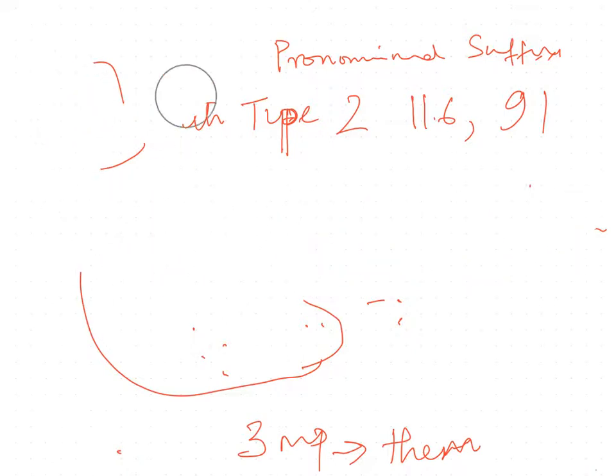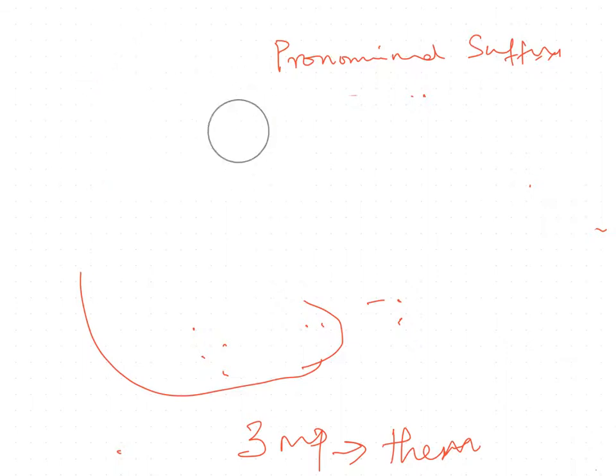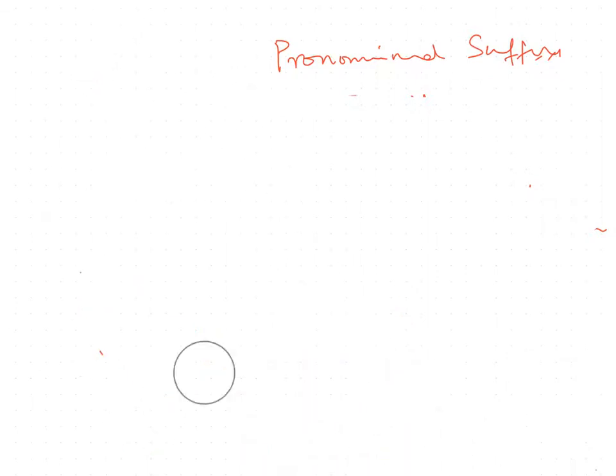We have a few irregular guys. Please remember, there are a few irregular guys, and let me show you what they are. The kaf preposition is highly irregular.